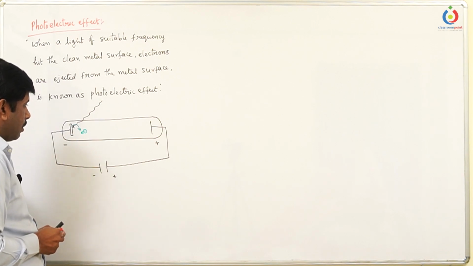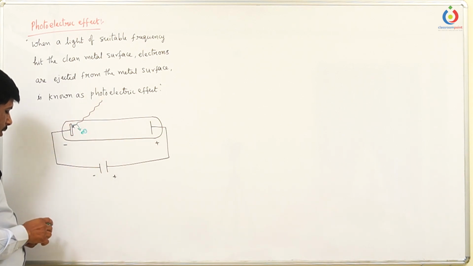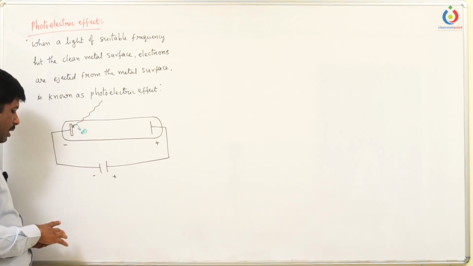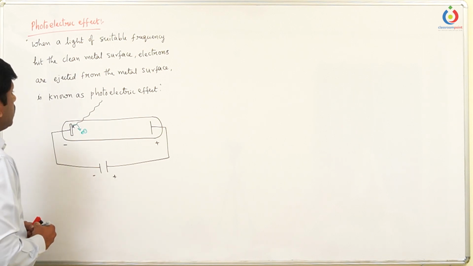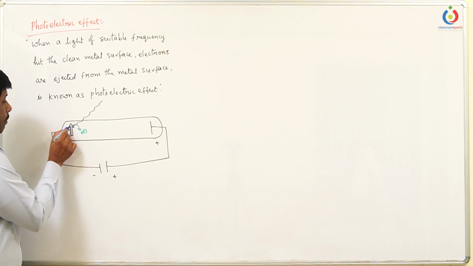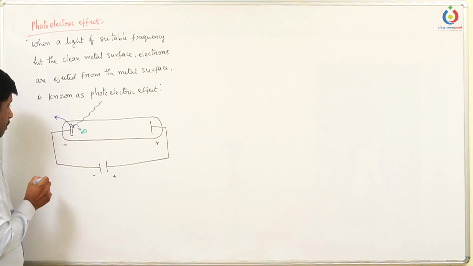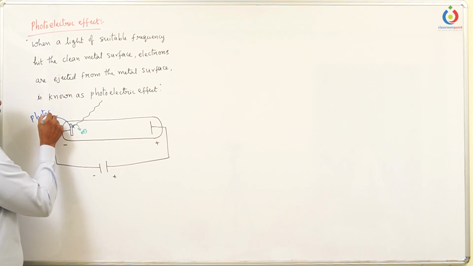So this phenomenon, that means striking of the light on the metal surface and ejection of the electrons simultaneously, is known as the photoelectric effect. And whatever metals we are using for this purpose are known as photosensitive metals.